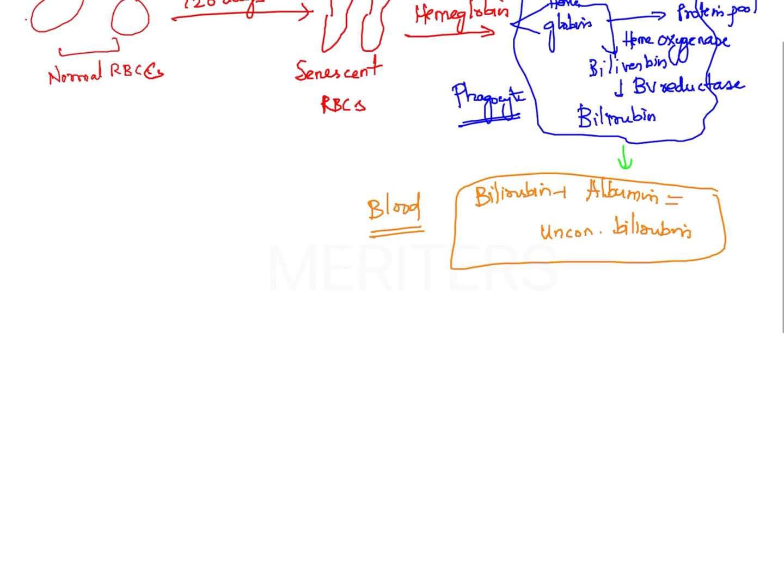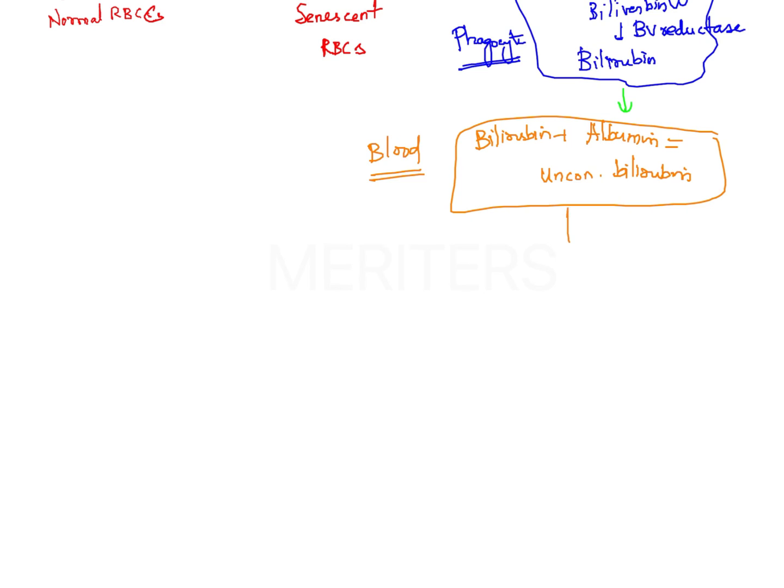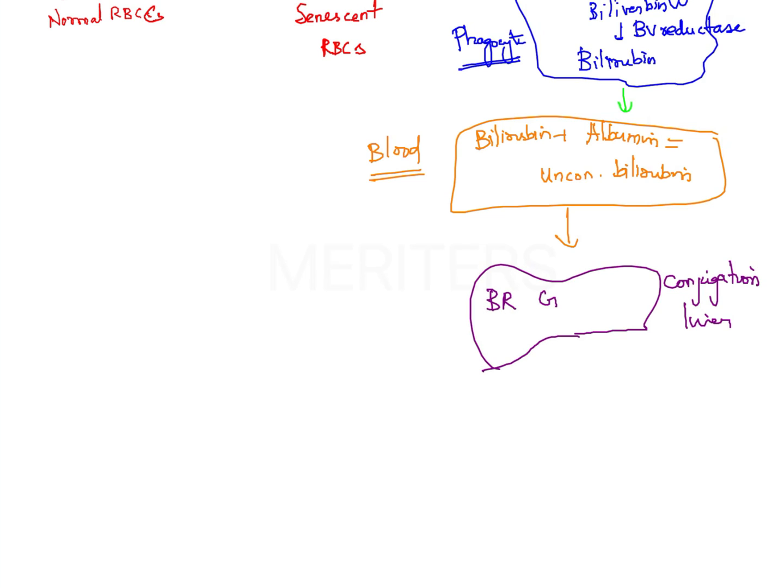This unconjugated bilirubin will get conjugated in your liver. Conjugation takes place in the liver, hepatic sinusoids, bilirubin glucuronide.